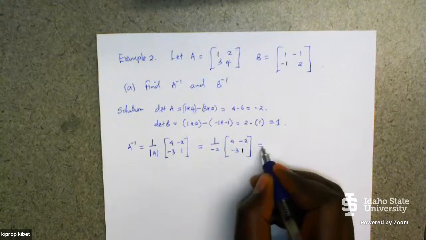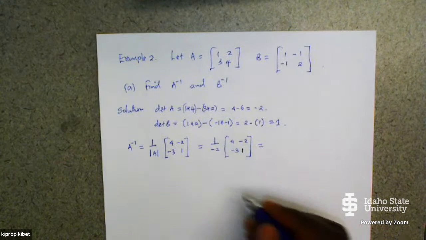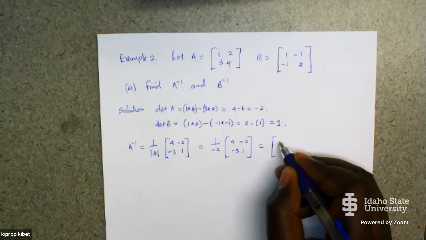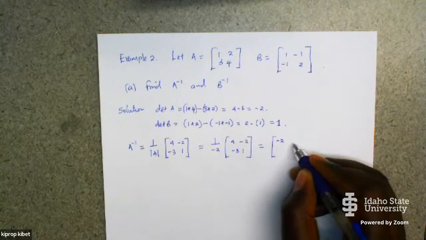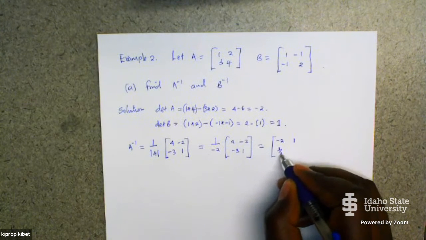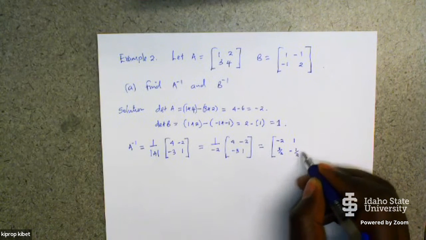We can still take -1 over 2 inside, which would be -2, and then this one is 1, this one is 3 over 2, and this one is -1 over 2.